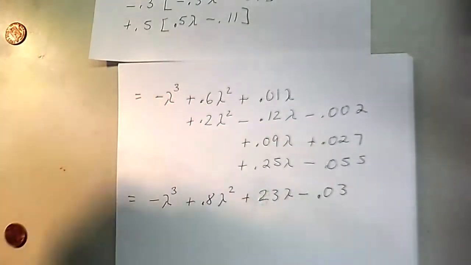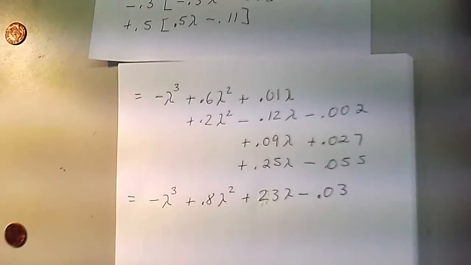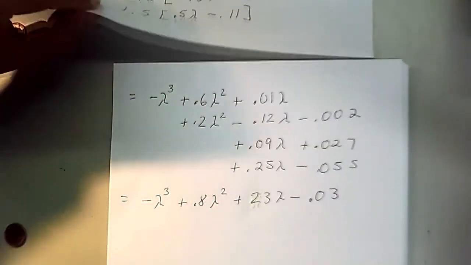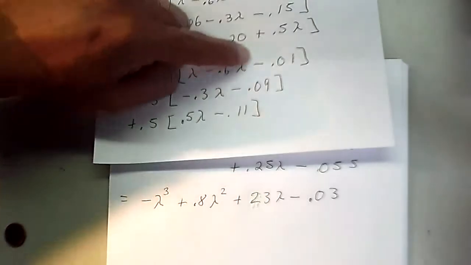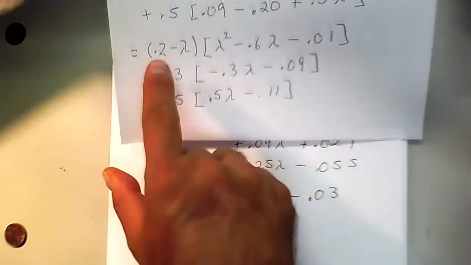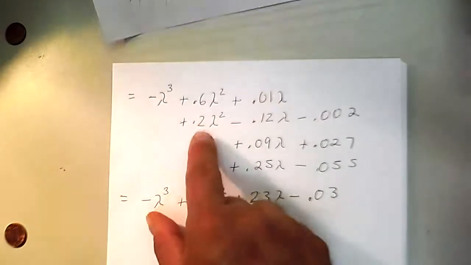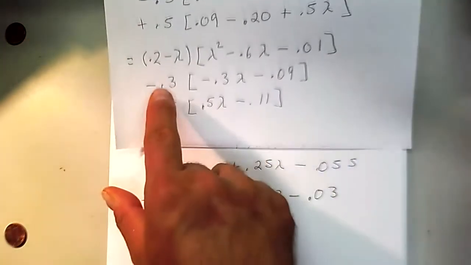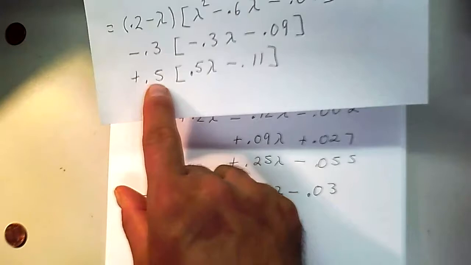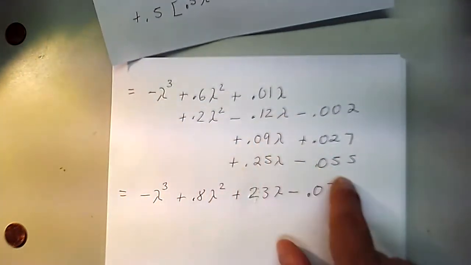And I did that in 4 lines, so I can add the terms more easily. I multiplied the negative lambda times that, and that gave me the first line. And then the 0.2 times that, and that gave me the second line. And then the 0.3 times that, that is the third line. And the 0.5 times that, and that gave me this.